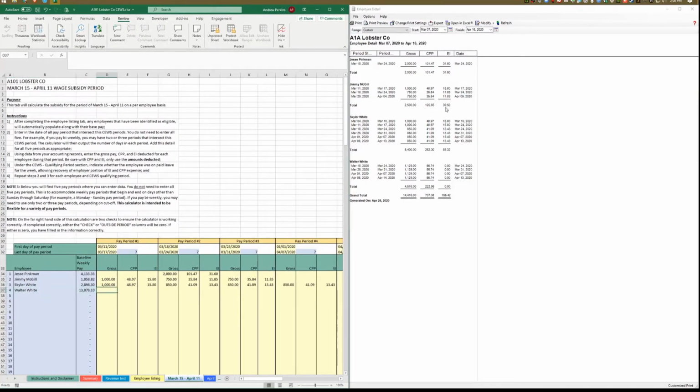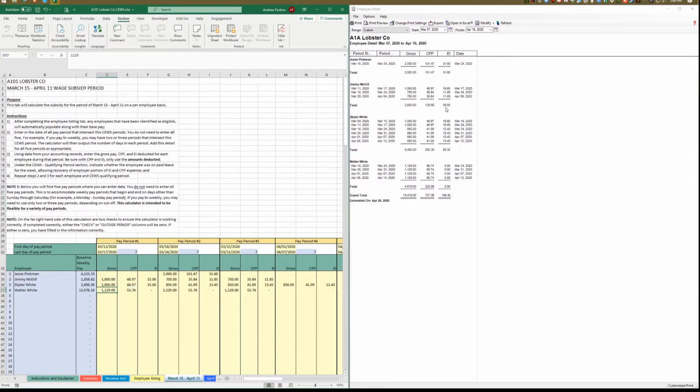And we see that Walter's actually decided to throw himself on payroll, giving himself 1,129, which is actually a magic number because he's trying to take advantage and maximize his wage subsidy. Keep in mind that the maximum that you can actually be paid from the subsidy is $847 per employee. So clearly Walter is trying to take advantage of the wage subsidy to the best of his ability.